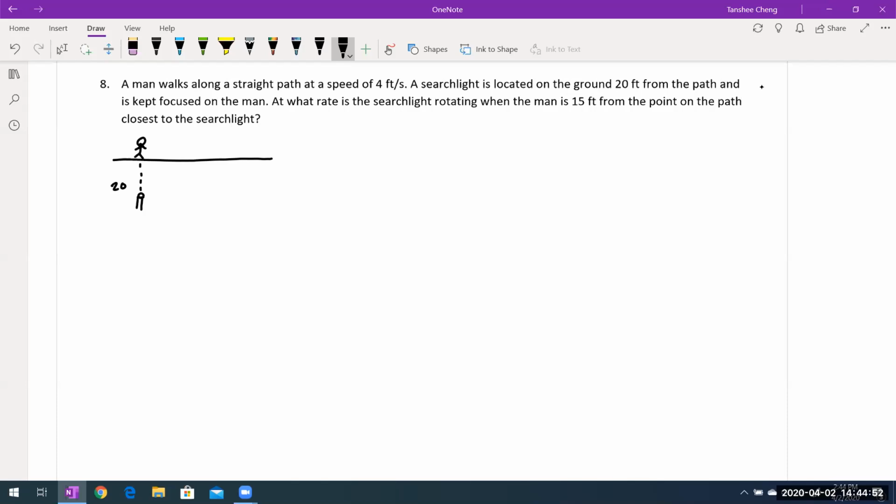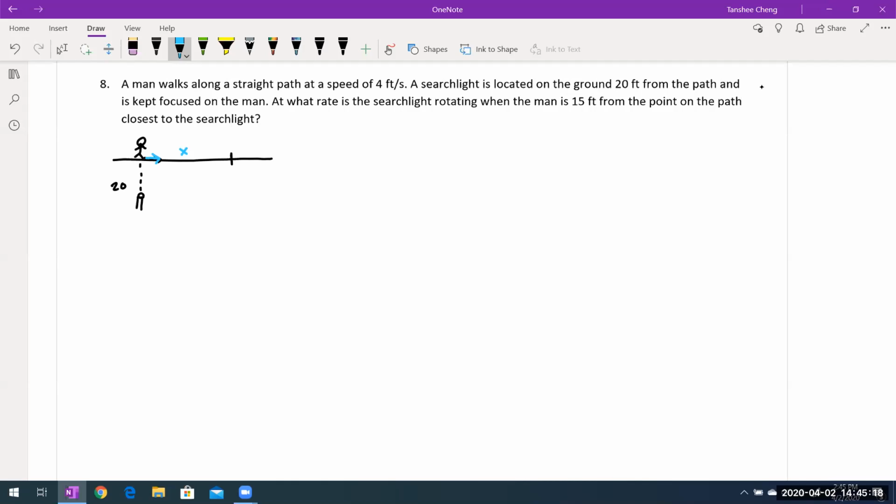Now it's asking if the man is walking away, and then 15 feet, which is up to this point, maybe. So this distance is going to be changing all the time if you're moving in this direction. I would say that this will be my x right here.